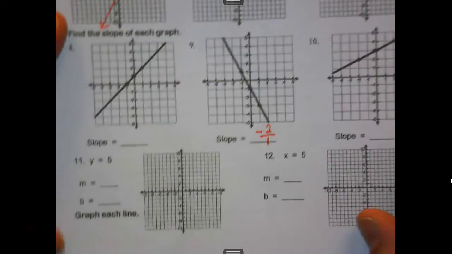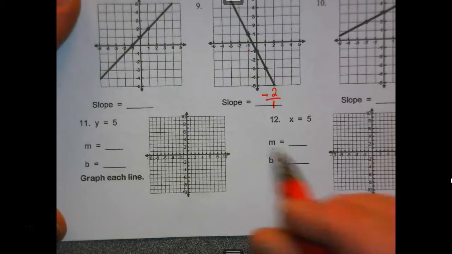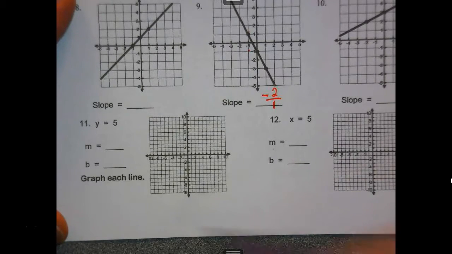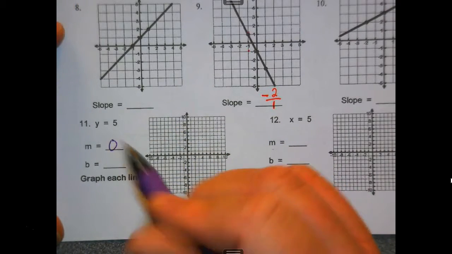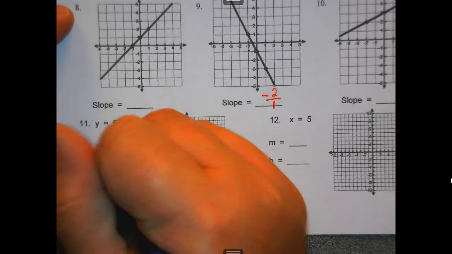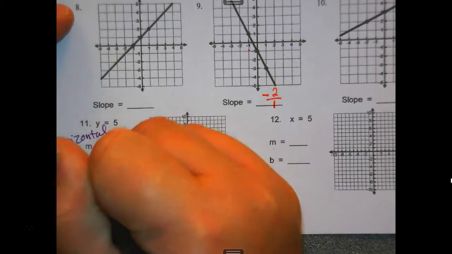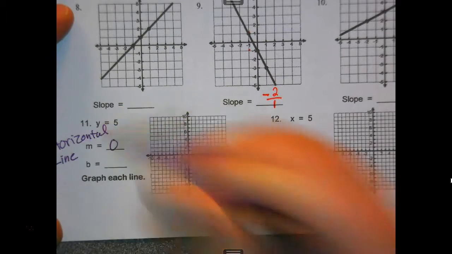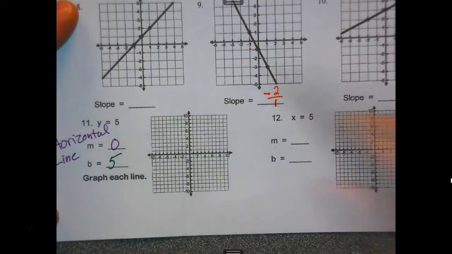If I have y equals a number, what's my slope? Do you remember? It's 0, which is a horizontal line, correct? And my y-intercept is going to be 5.